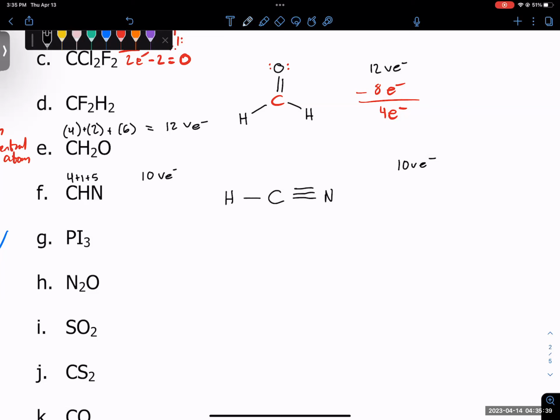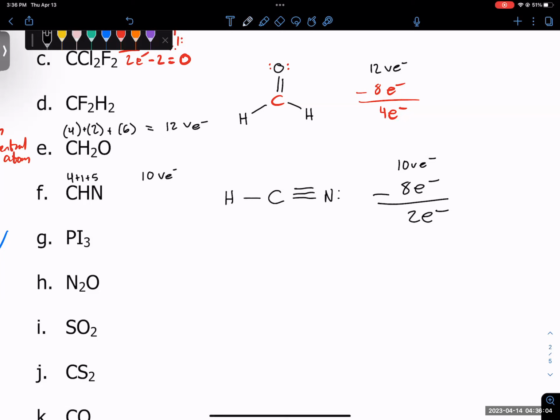So let's see how many electrons we use up. We use 2, 4, 6, 8. So 10 minus 8 gives us 2 electrons left over. And we know that nitrogen doesn't have a complete octet, right? Because it only has 2, 4, 6 electrons in those bonds, and it needs a lone pair in order to have a full octet.